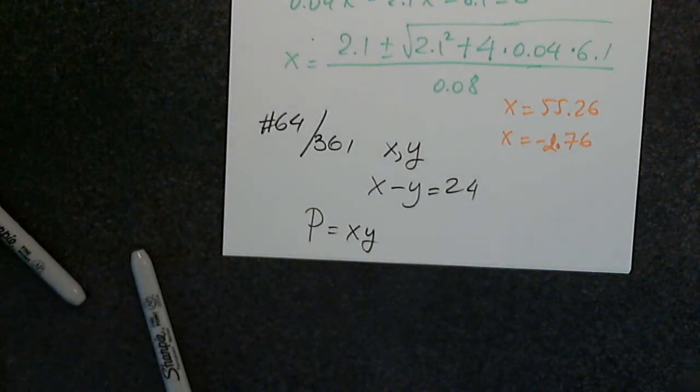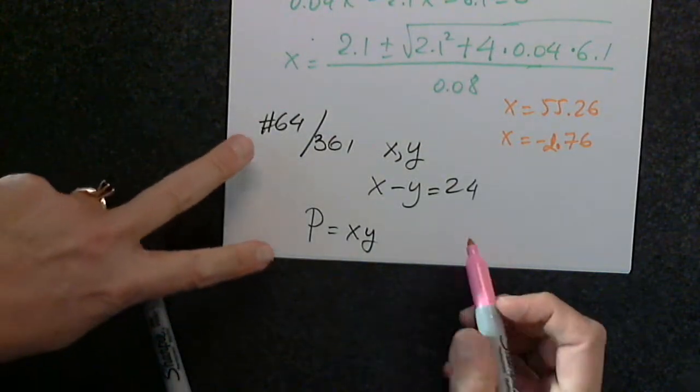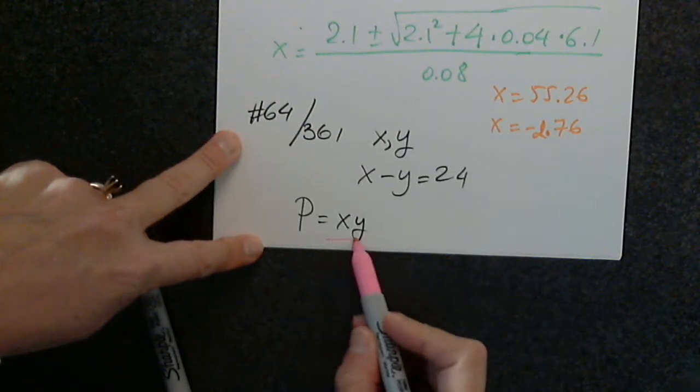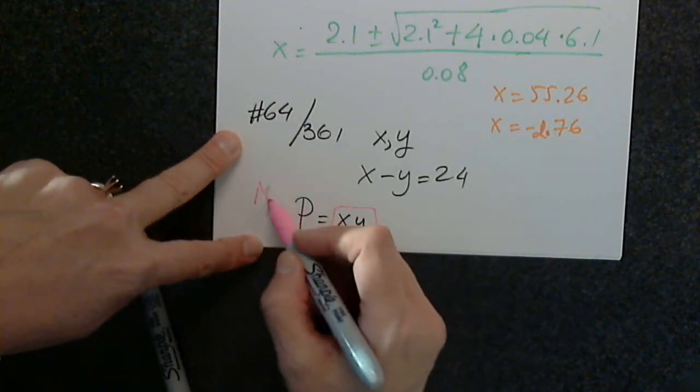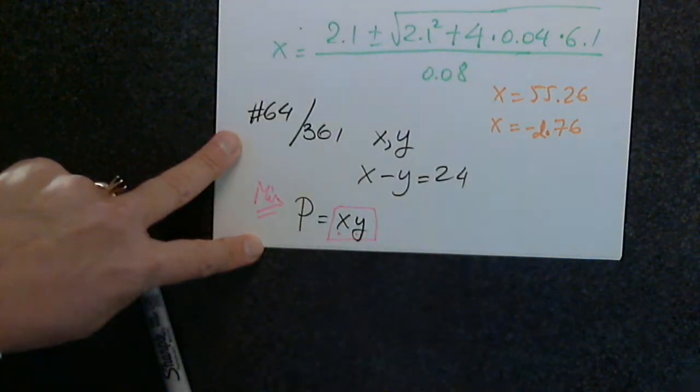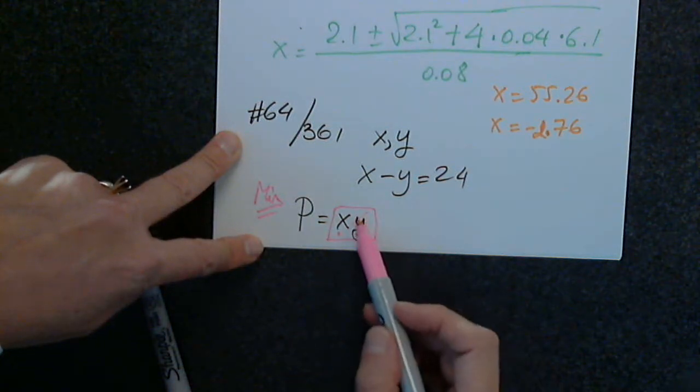Any suggestions? Say it again. So we have a function, so we want to find the minimum of this function, but we have two variables in it. So somehow we have to get rid of one. We prefer getting rid of y.